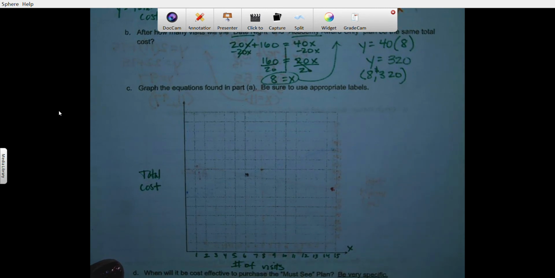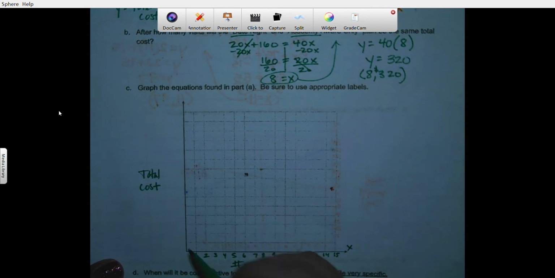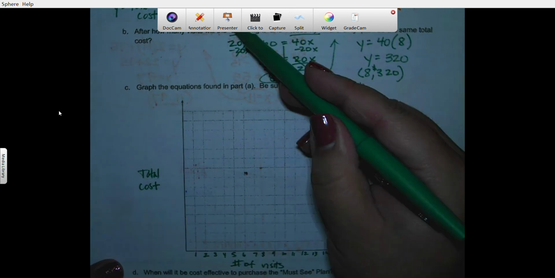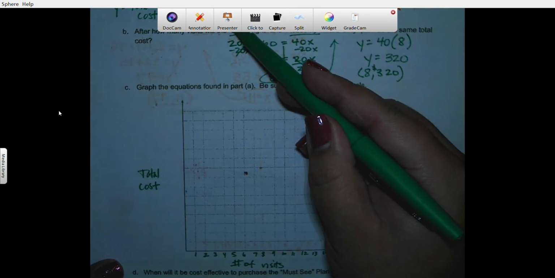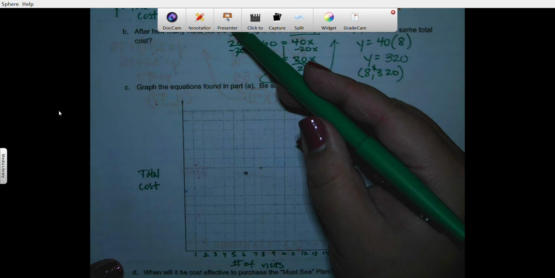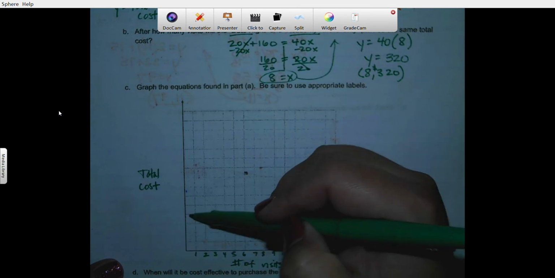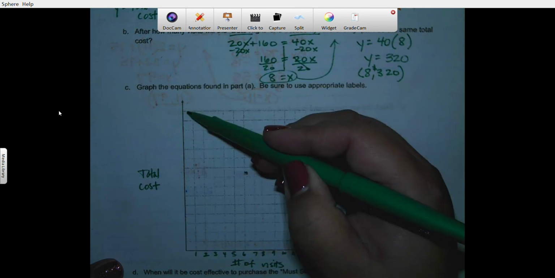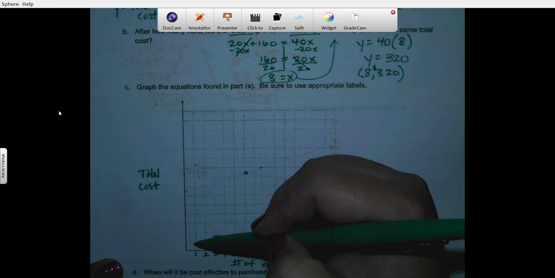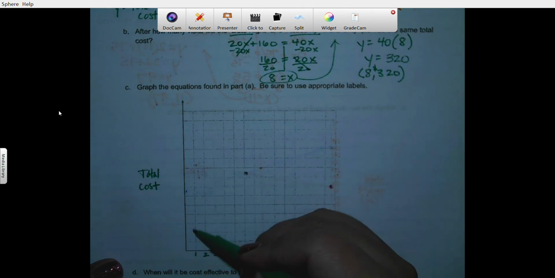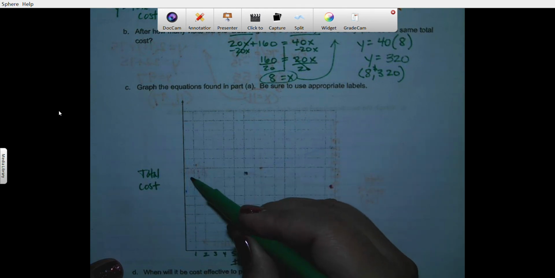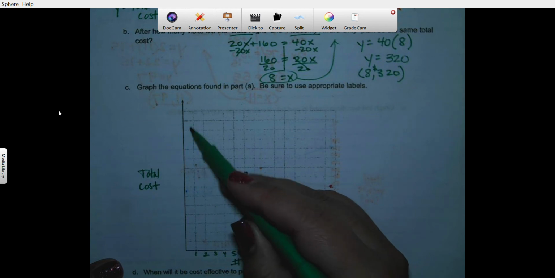And for my total cost, I know that I need to be at least to $300. So I can't count by ones, right? It would be unreasonable to count to 300. So maybe 10s, maybe 20s: 20, 40, 60, 80, 100, 120, 140, 160, 180, 200, 220, 240, 260, 280, 300.